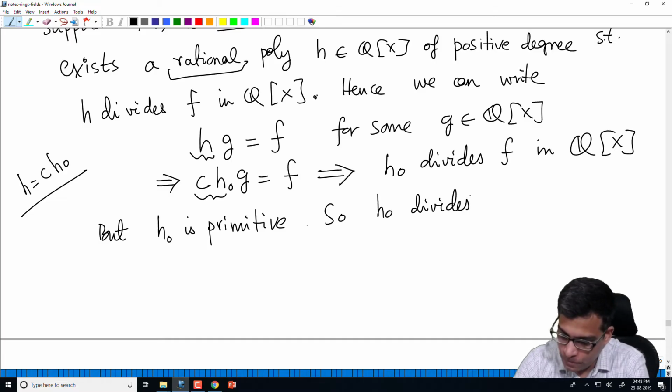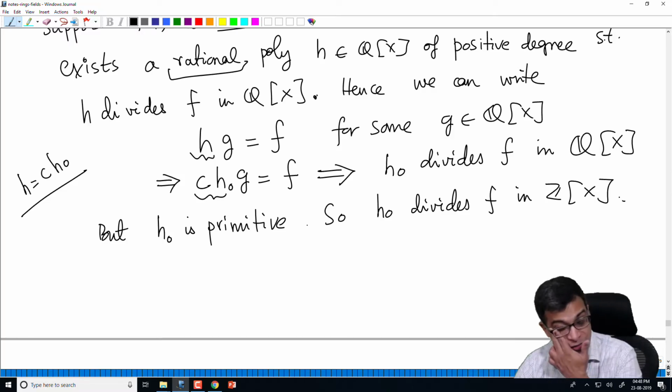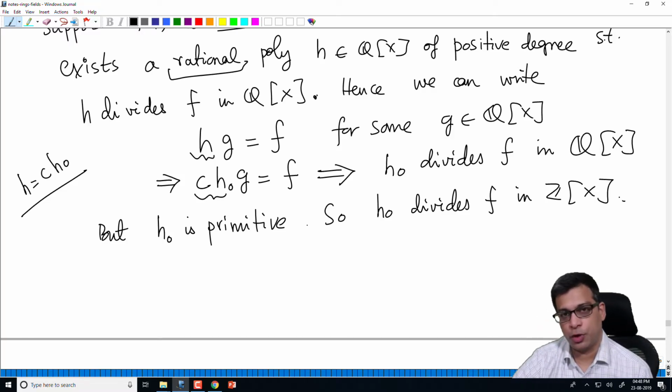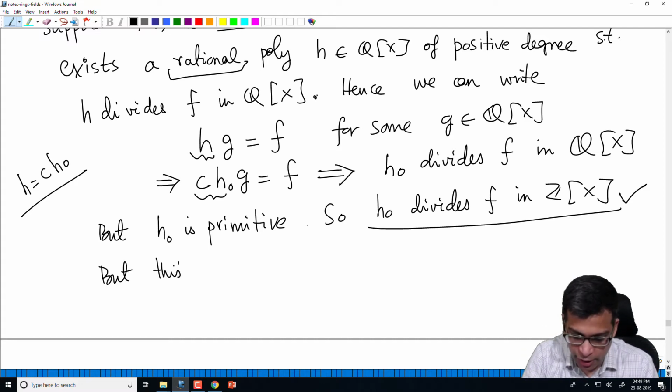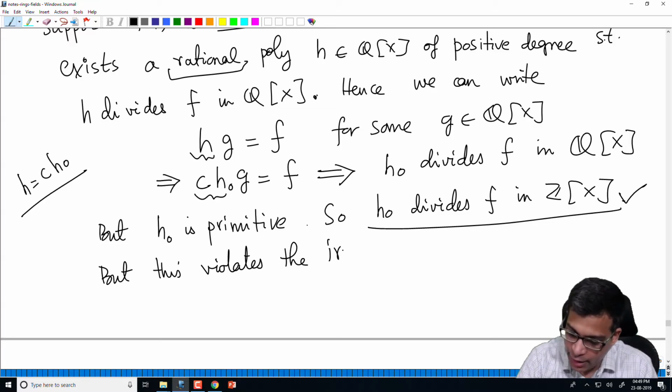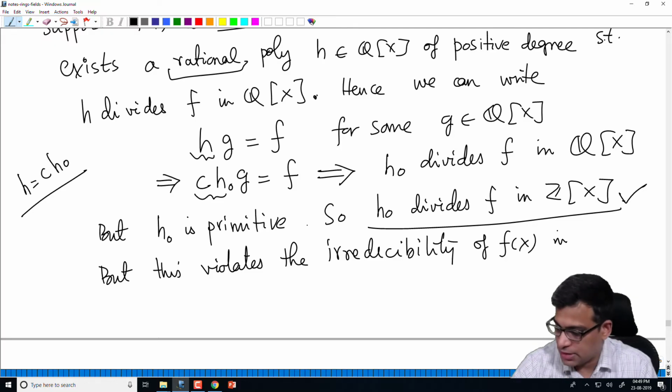So h0 divides f in Zx itself. So h0 divides f in Zx, but this violates the irreducibility of f(x) in Zx.